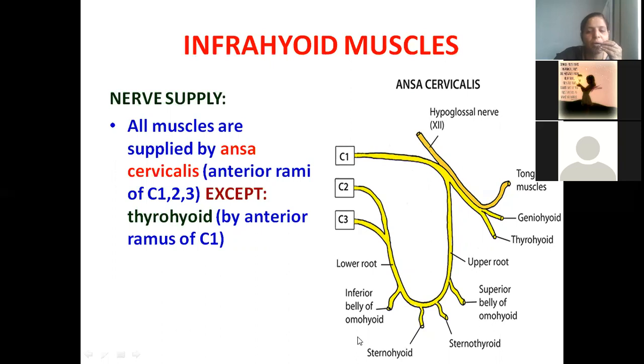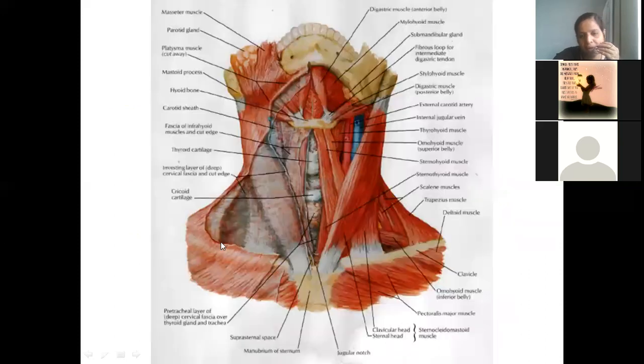That is sternothyroid, sternohyoid, inferior belly of omohyoid, and also superior belly of omohyoid. These are supplied by ansa cervicalis. This was the carotid vessels. This is the carotid sheath. In front of the carotid sheath only we have the ansa that comes and supplies these muscles.